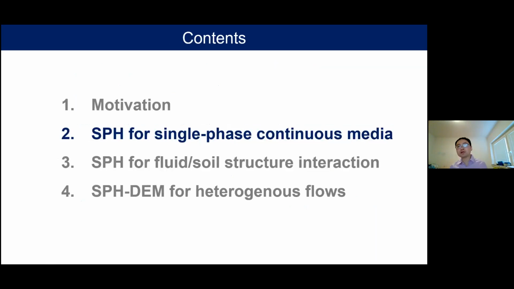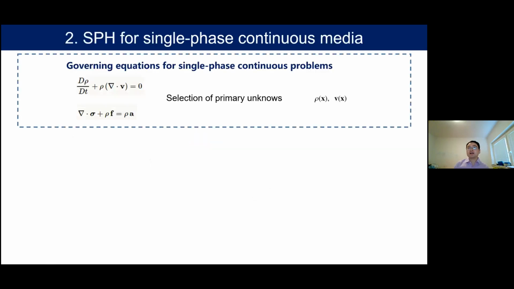In the following, I will introduce the application of SPH in different kinds of problems. The first is SPH for single-phase continuous media. If we want to model landslide and debris flows, this kind of geophysical flow, using a continuous assumption, we have the basic governing equations.